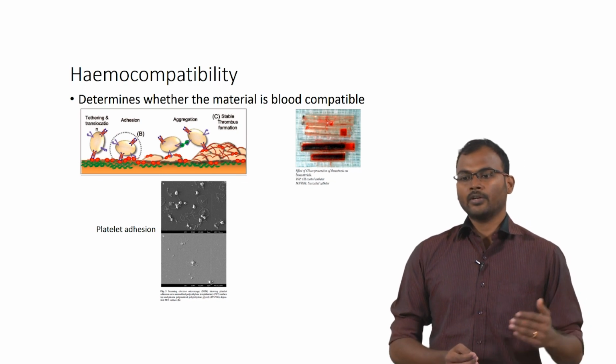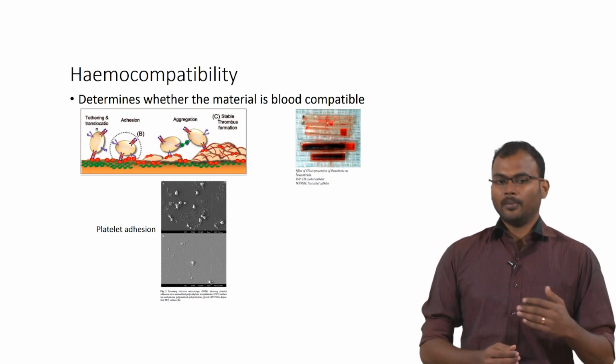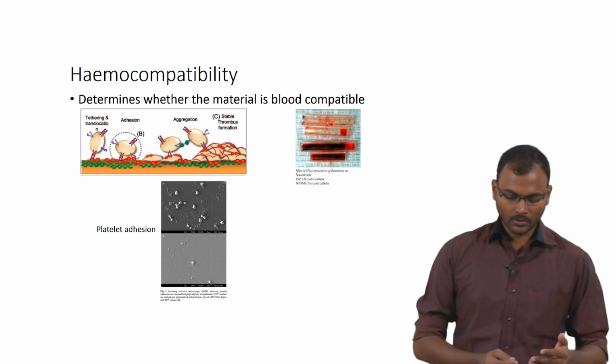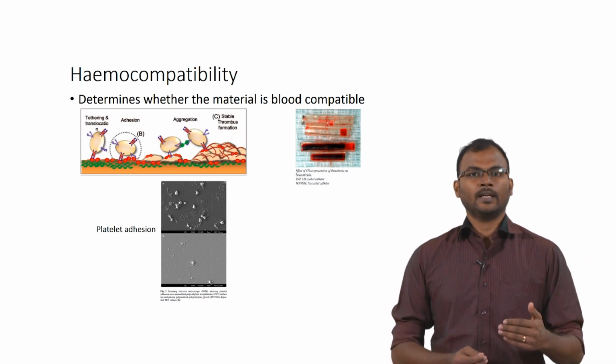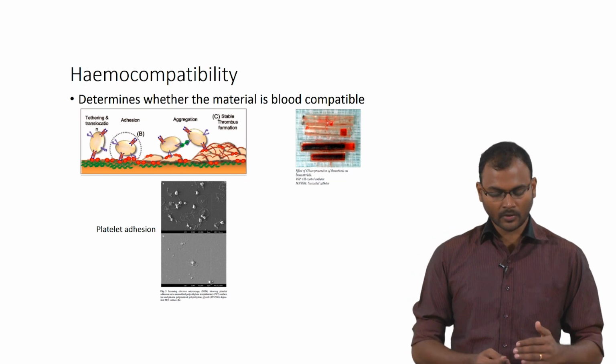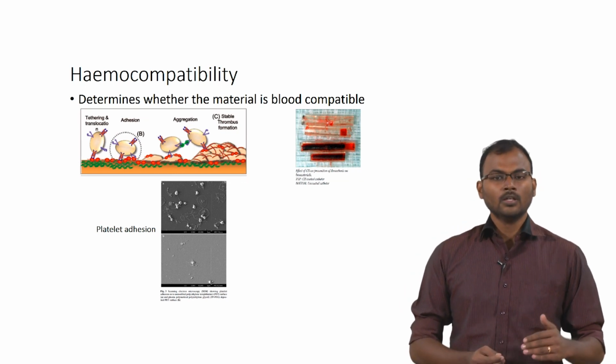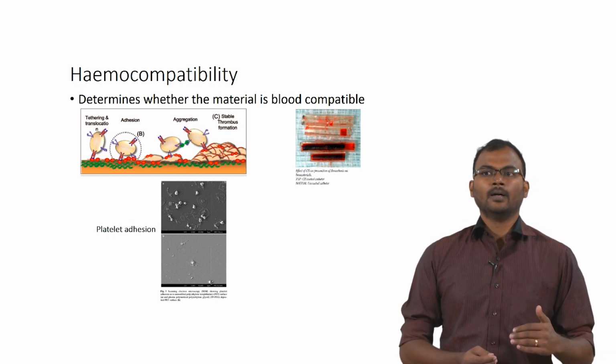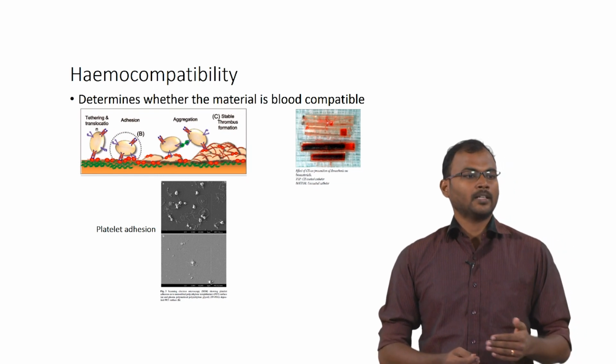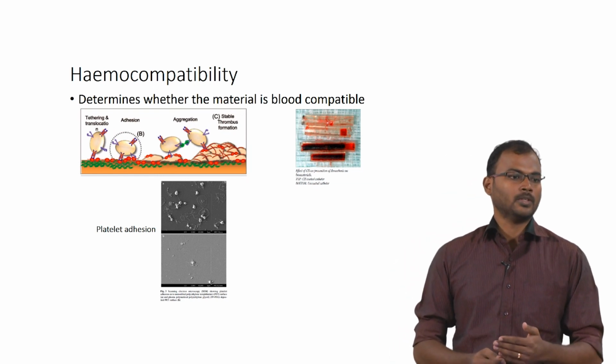So there would be continuous contact of the blood cells with the material. So, what is thrombus formation? Thrombus is a blood clot, which is formed by adhesion of platelets and a fibrin mesh formed onto the surfaces.